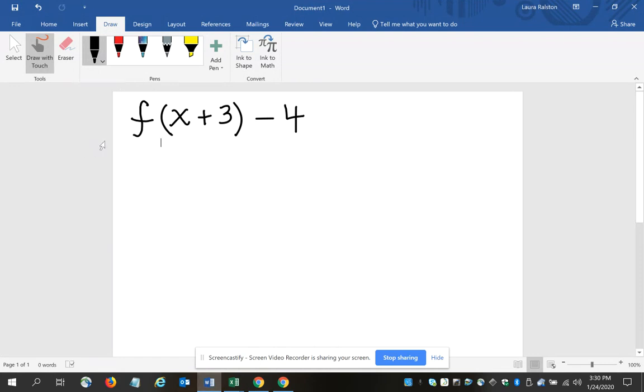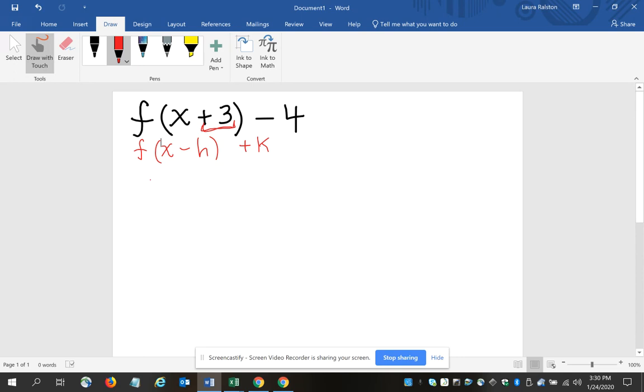Okay, so we have f of x plus 3 minus 4. And guys, it ultimately is all about the location of these constants. In this case, the plus 3. Notice that it's inside the parentheses. And so this is in that form, f of x minus h plus k.